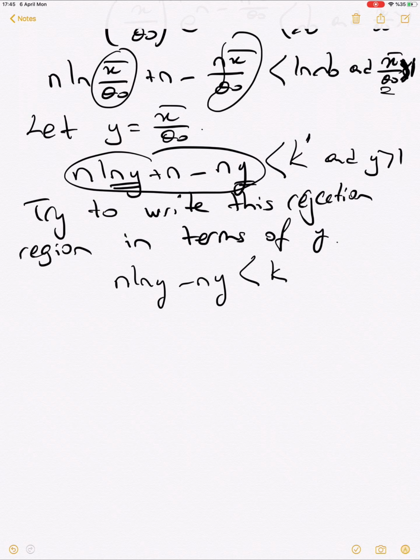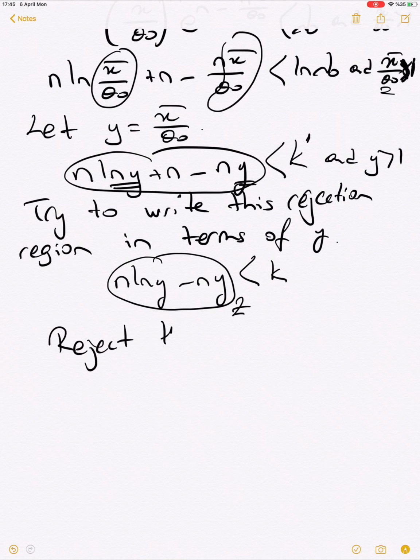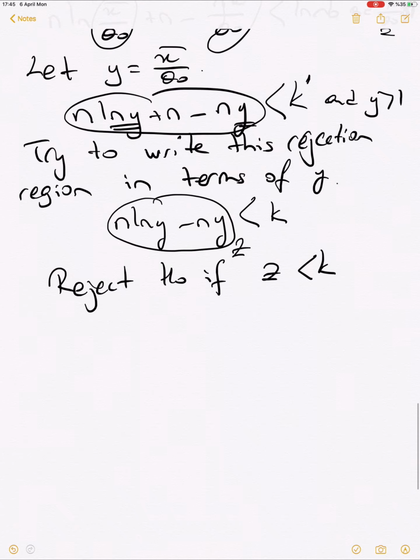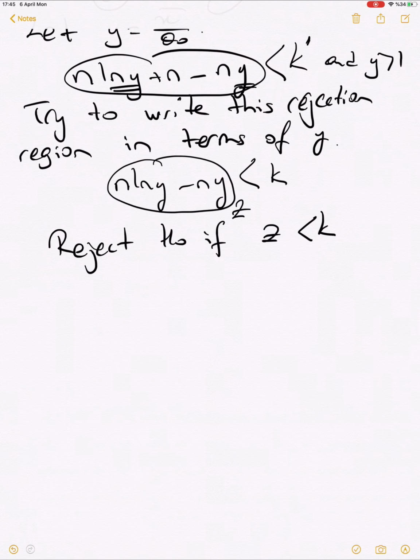Okay, we get rid of the n term. Let's say this is our function z, and let's try to understand the shape of this function. Our rejection region: reject H0 if z is less than k. So we are trying to write this in terms of y less than some quantity, or two-sided regions, to be able to see that.